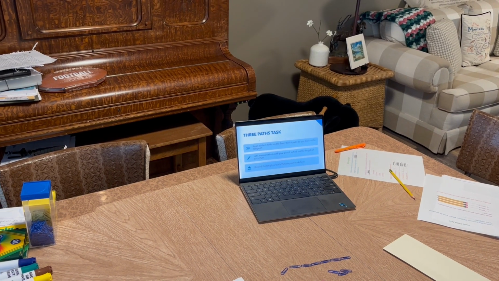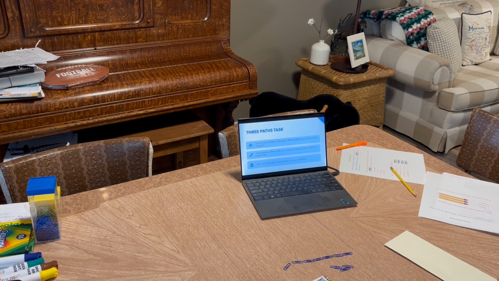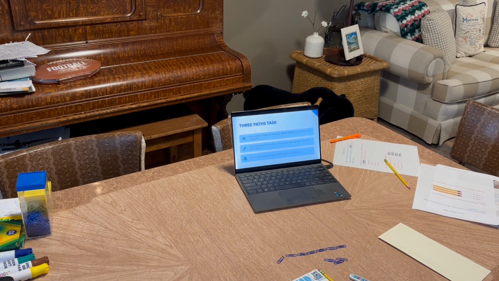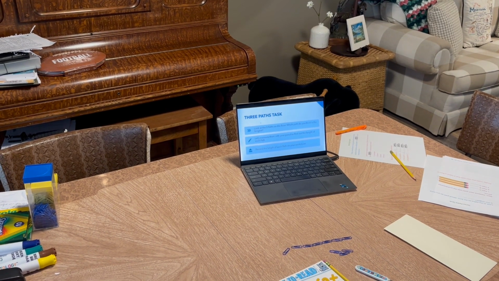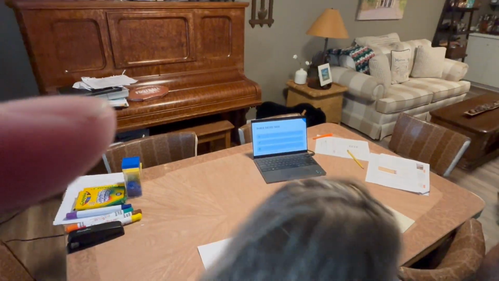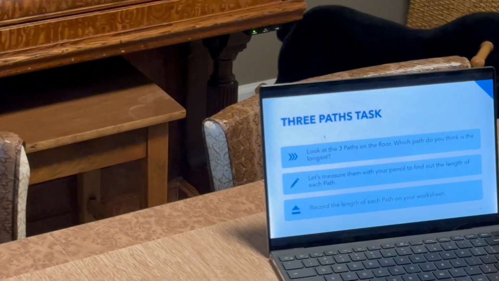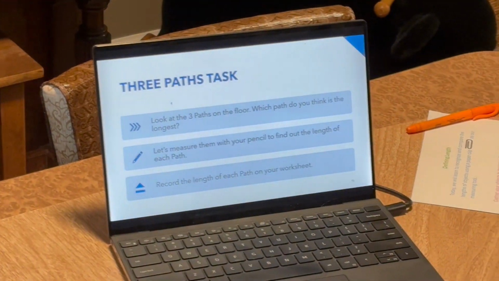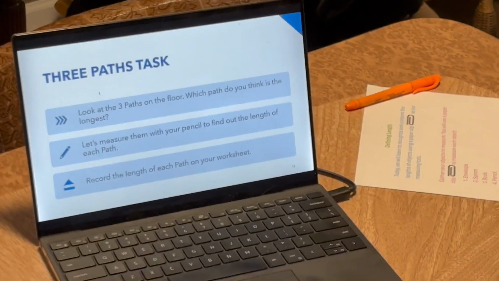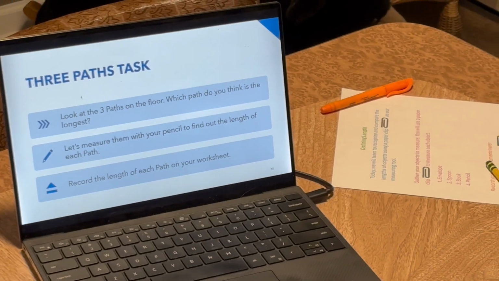So now let's do our 3 paths task. Look at the 3 paths on the floor. If you turn around here, we have 3 paths on our floor. Let's measure them with our pencil to find out the length of each path, and then we're going to record those lengths of each path on your worksheet.